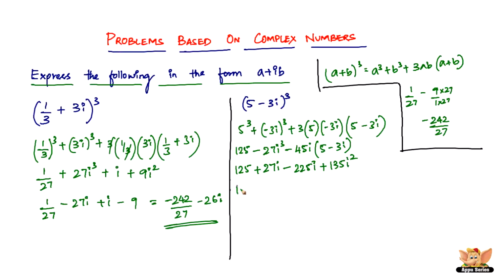So now we have 125 plus 27i minus 225i, which is minus 198i, and i square is negative 1, so negative into positive is negative, so it's minus 135. 125 minus 135 is minus 10, minus 198i. So minus 10 minus 198i is the required answer when we express 5 minus 3i the whole cube in the form of a plus ib.